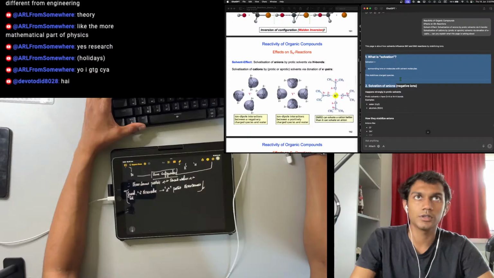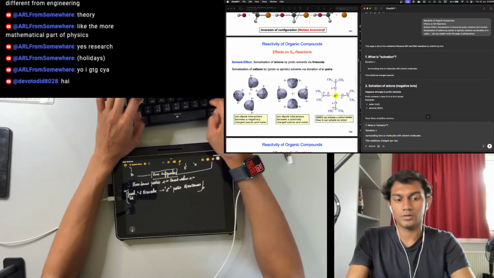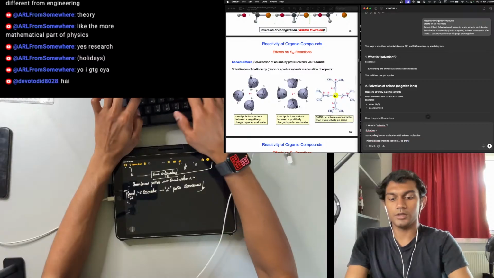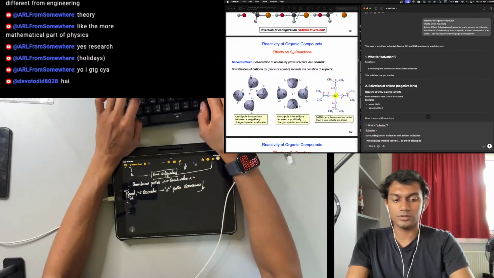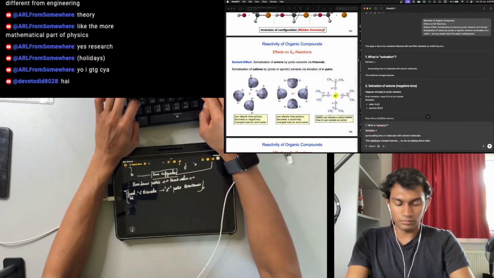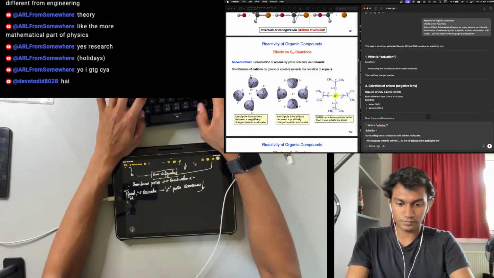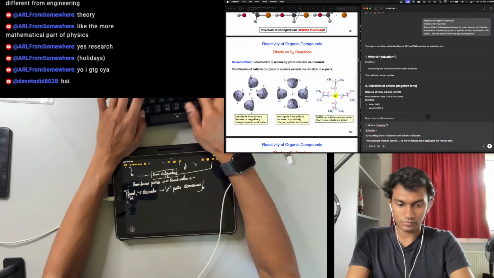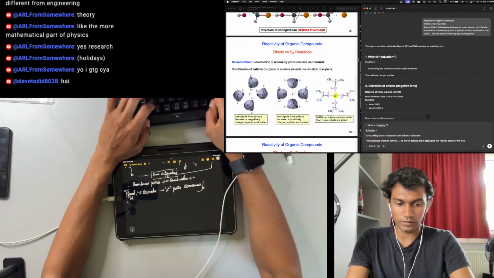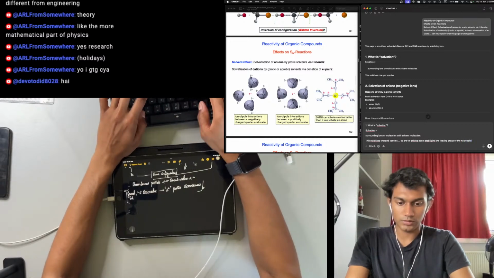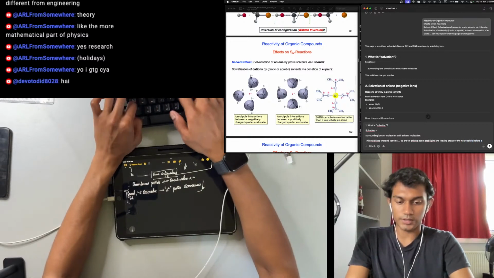So are we talking about stabilizing the leaving group or the nucleophile before attacking?